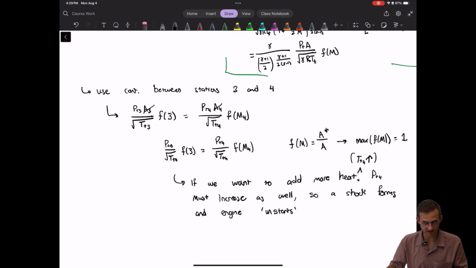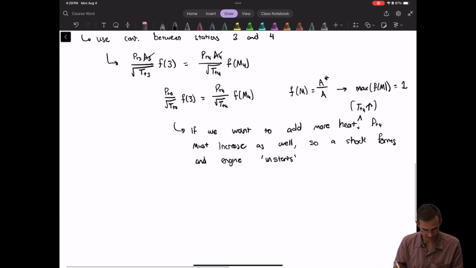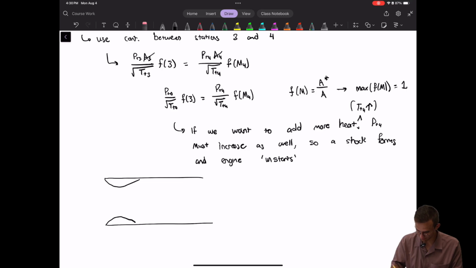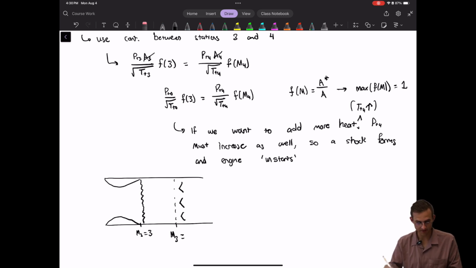Now we actually have a shock at the exit of the diffuser, and what this looks like is the following. Same engine as before, but now we have a shock right here at the exit of the diffuser, where M2 is equal to 3, but M3 upstream of the burner is equal to, via the normal shock tables, 0.475.